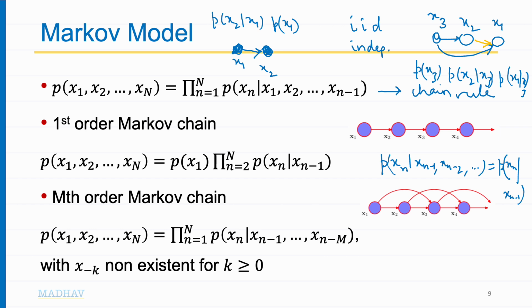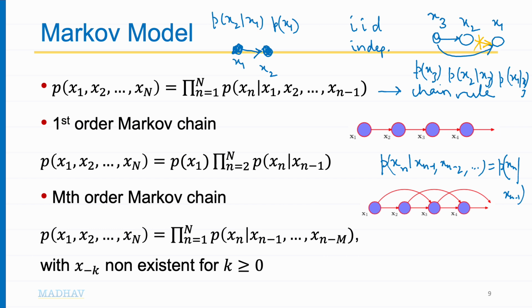That is the most general thing. But here we have removed this connection. By removing this connection, we have incorporated some assumption into this model, right? So by removing the connections, we are adding assumptions, right?